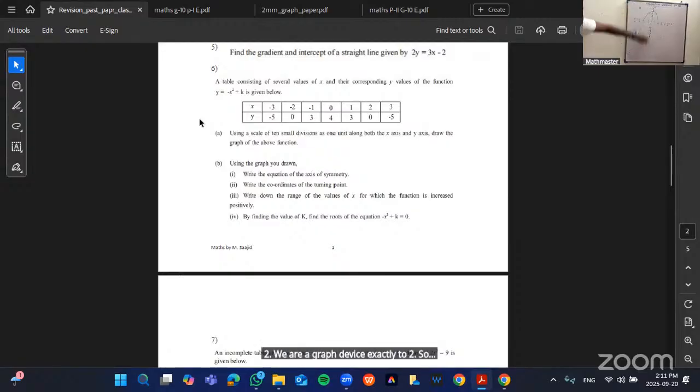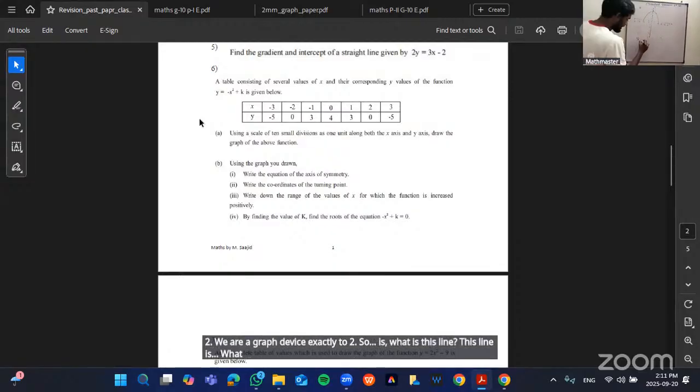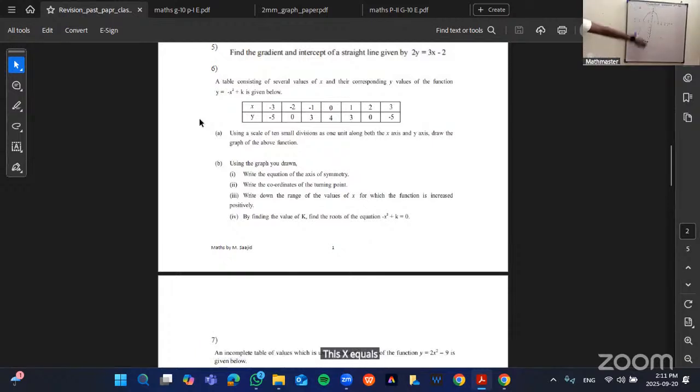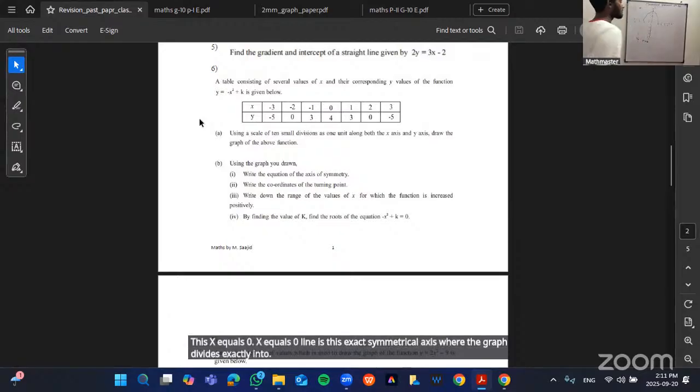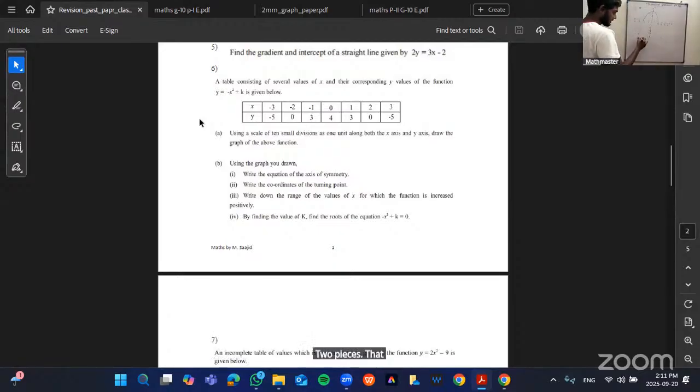What is this line? This line is called the x equals 0 line. The x equals 0 line is this exact symmetrical axis where the graph divides into two pieces. That is the answer to the first part: the axis of symmetry is x equals 0.